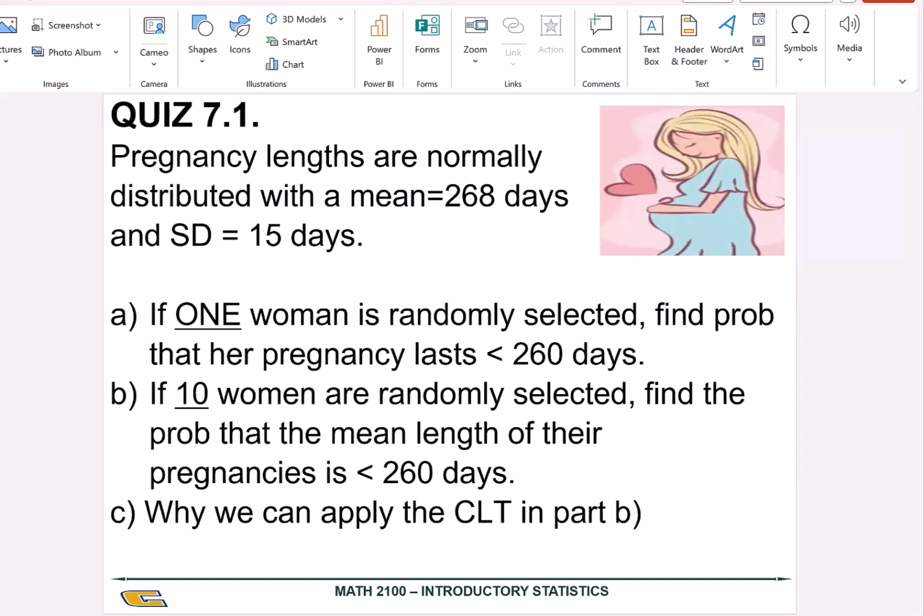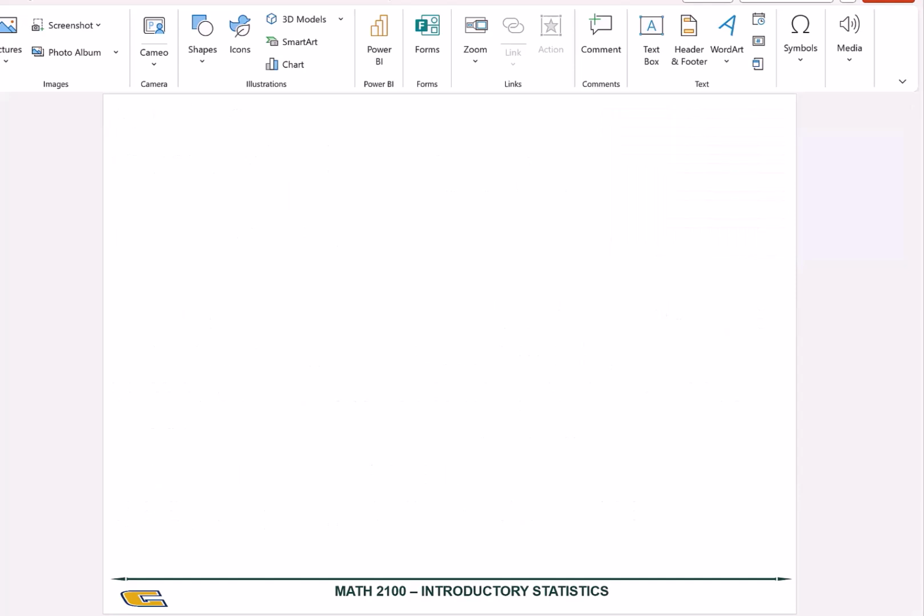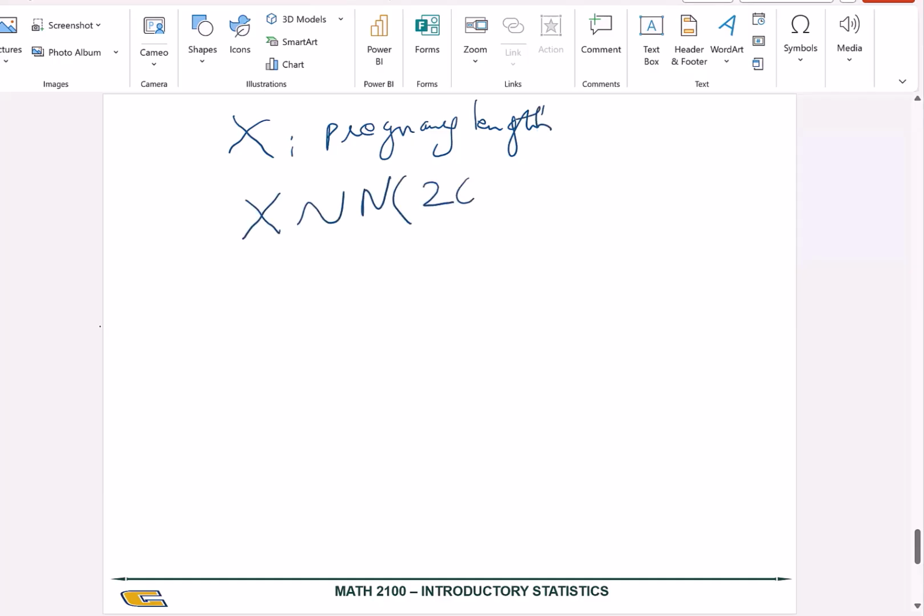So let us make the problem in a formula shape. X is the pregnancy length random variable. Then the problem tells us X will follow a normal with mean 268 days and standard deviation 15 days.